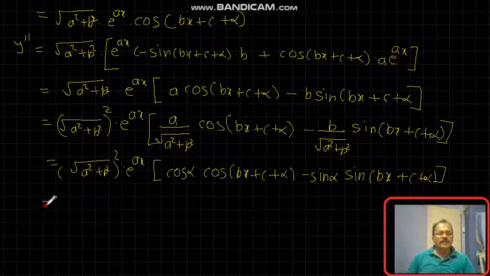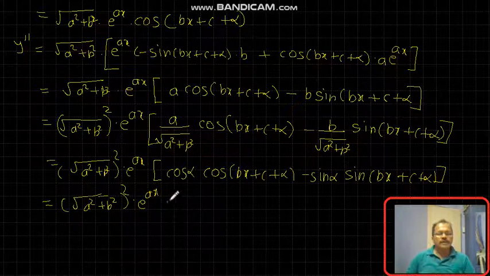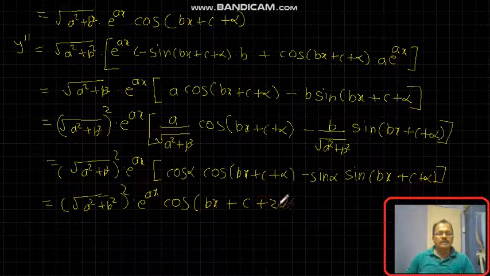So the second derivative becomes square root of a square plus b square, bracket square, into e raised to ax into cos of (bx plus c plus twice alpha).